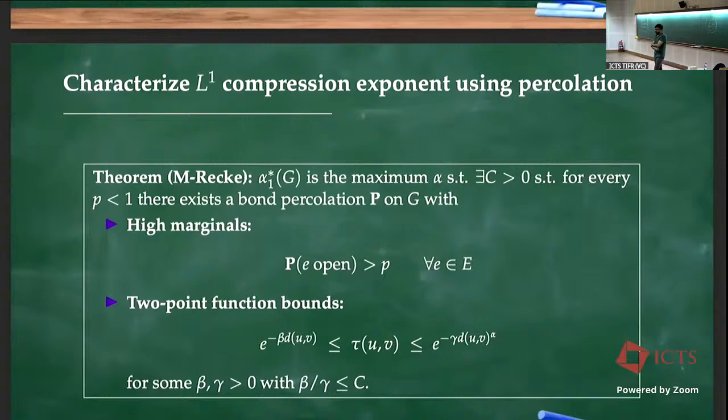This is the key quantity, and these two have to be taken into account simultaneously. You have a lower bound with a constant beta times the distance, but an upper bound with a power. The power is the alpha, and the best alpha that works for you is the compression exponent. This is the quantitative information that you can milk from this.